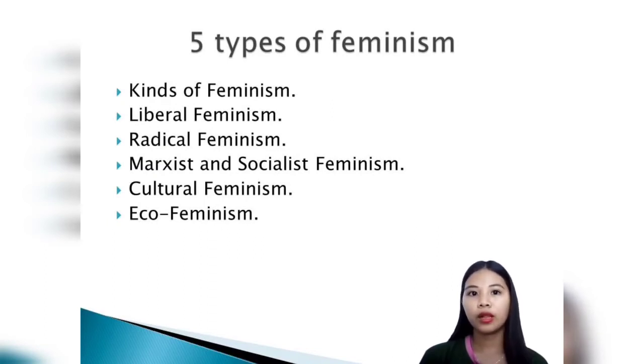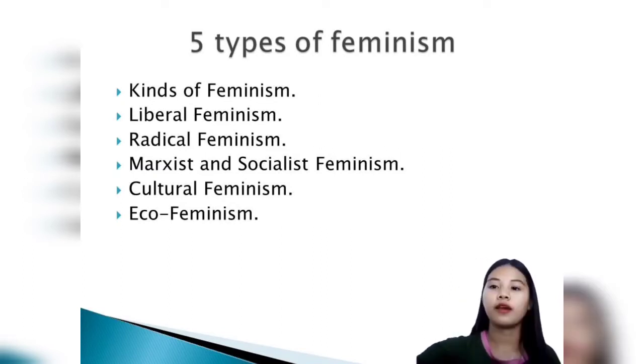For example, this is the Chipko-Andolan movement in India. This is the example of ecofeminism. The Chipko-Andolan movement is a forest conservation movement that was led by indigenous women who were affected the most by the rapid deforestation in the 1970s.